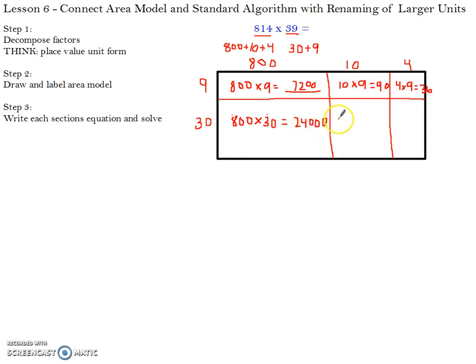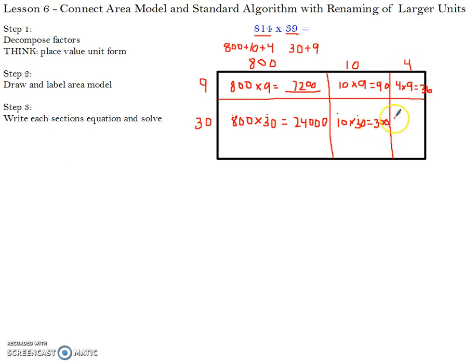Then I have 10 times 30, which is a similar idea in that you take those zeros out of your two factors and put those in your answer. So I have 2 zeros, so I'm going to put 2 zeros in my answer. And then I just need to multiply 3 and 1, which is 3. So I have 300.